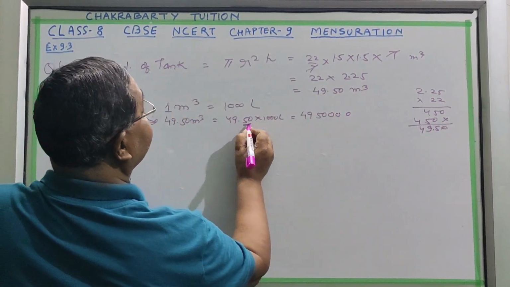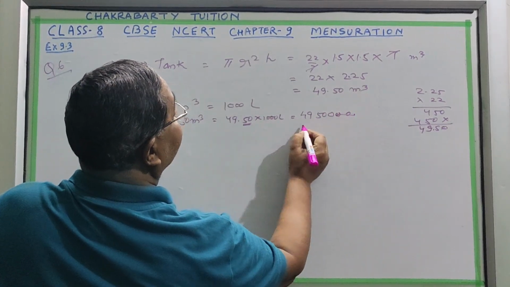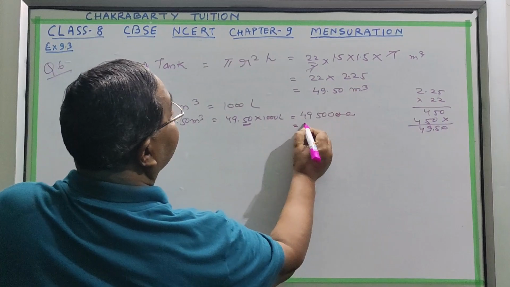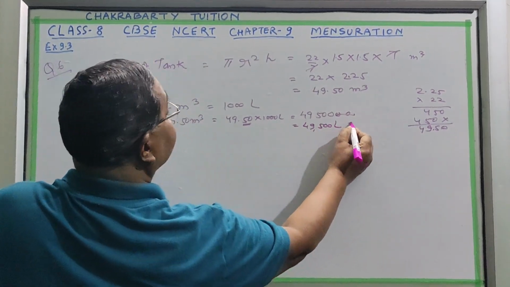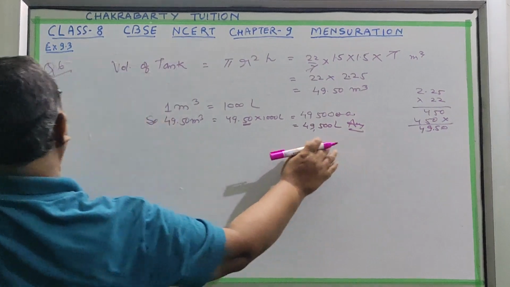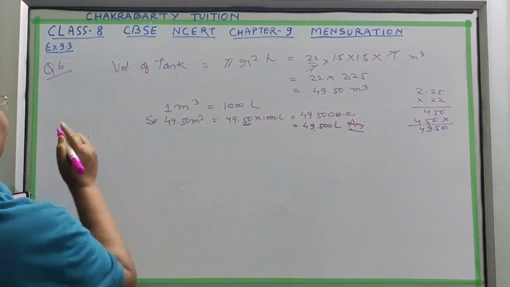Now 2 places is the decimal, so 2 places will go out. So the answer will be 49500 liter. This is your answer. This is the capacity of milk the tank can hold.